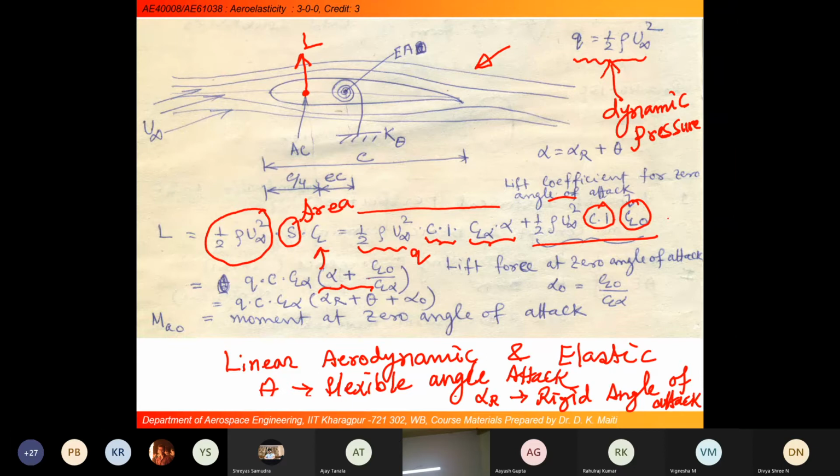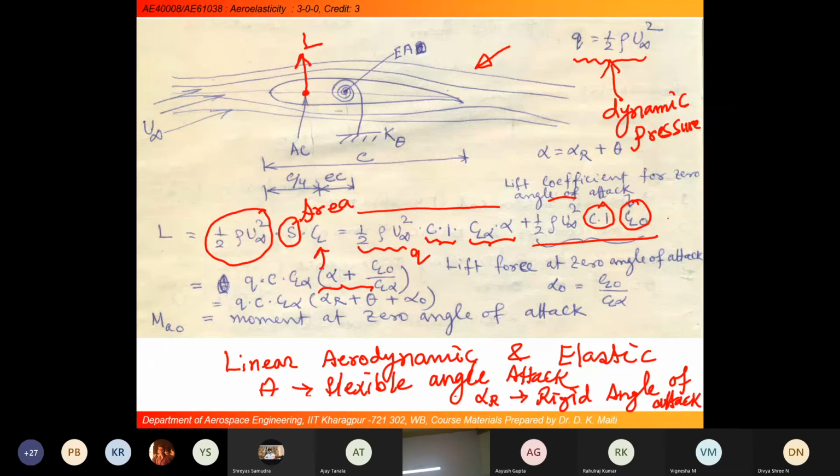The aerofoil will behave as an aerodynamic shape only as long as the flow angle is up to a certain degree. Suppose we can have some angle of attack, let's say 18 degree or 20 degree. Up to that, we can consider it linear aerodynamics.